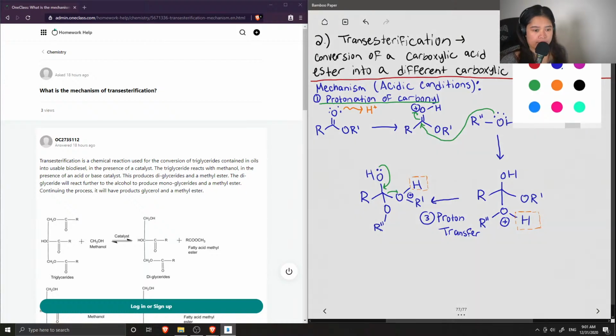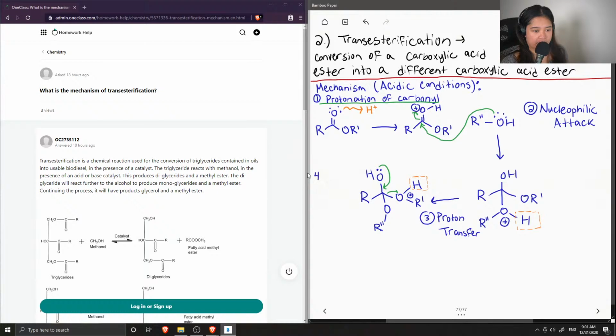Let me just write down the name of this step. It is the removal of the leaving group.